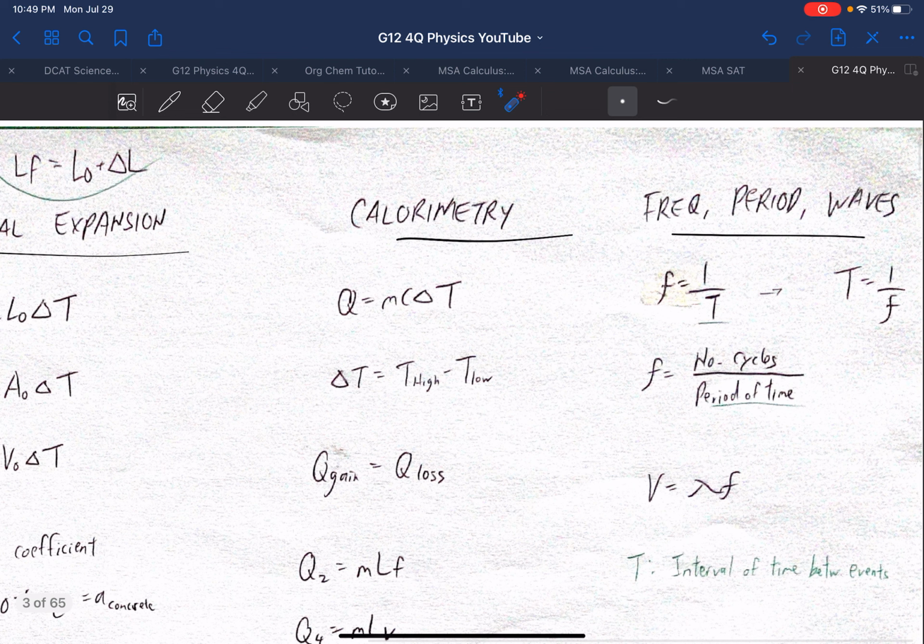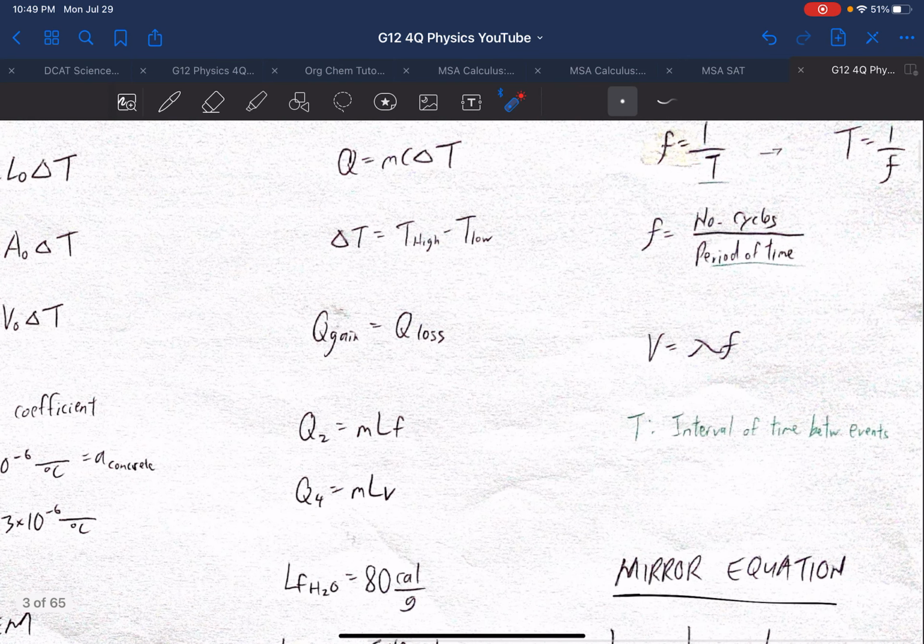For frequency, period, and waves, frequency is 1 over T, basically the number of cycles over a period of time. And you can manipulate this equation into this: T is equal to 1 over f. And we have velocity right here.